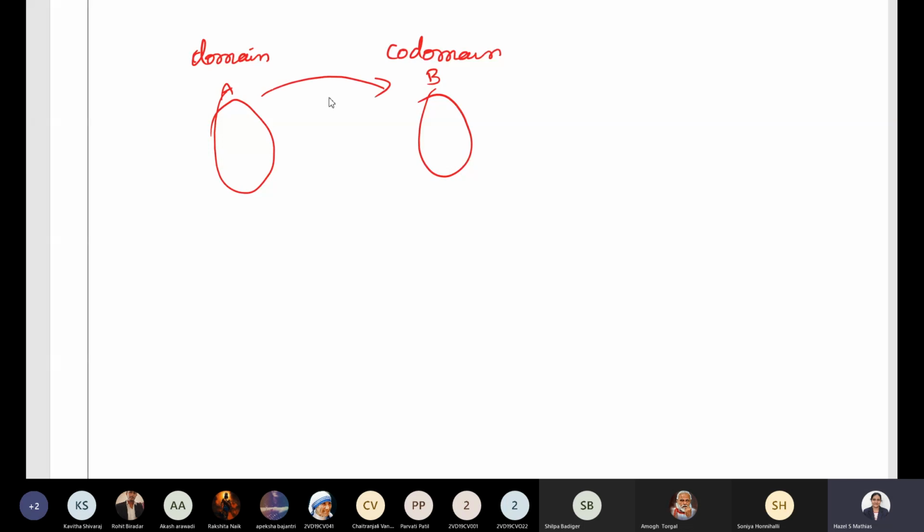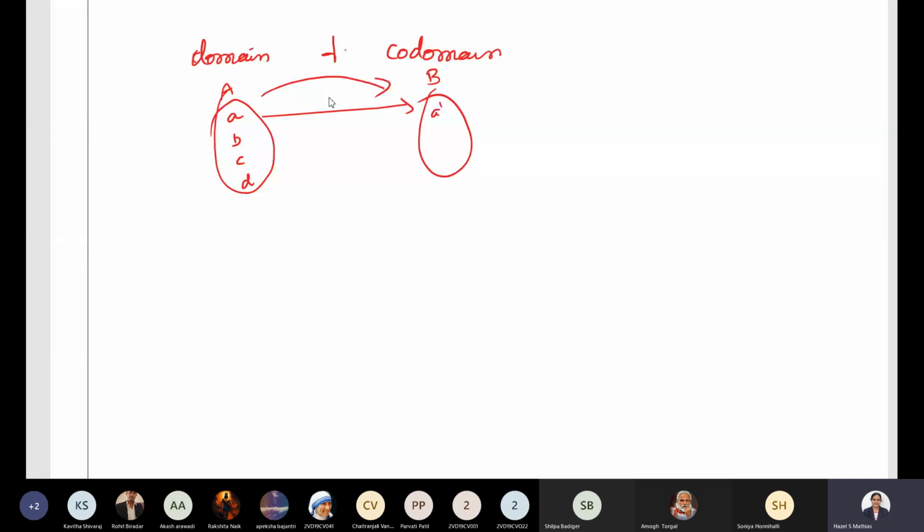So when do we say that there exists a function f? When can we say that a function is defined? A function is defined if every element in the domain has an image in the codomain.